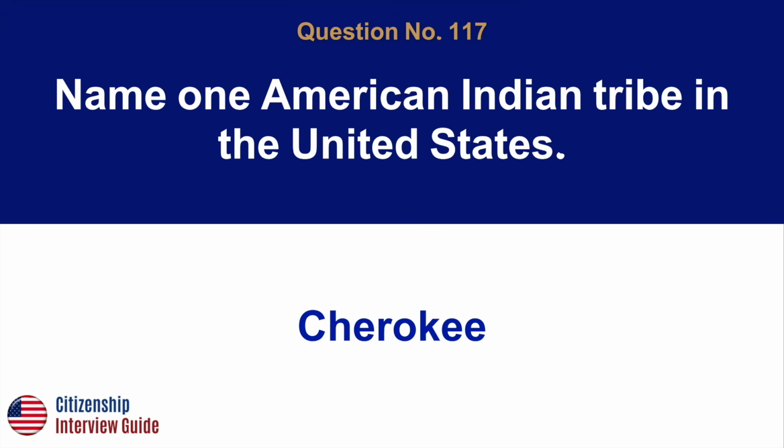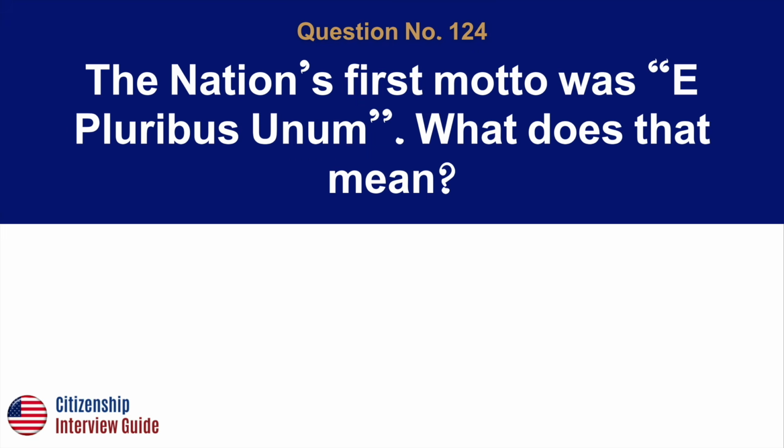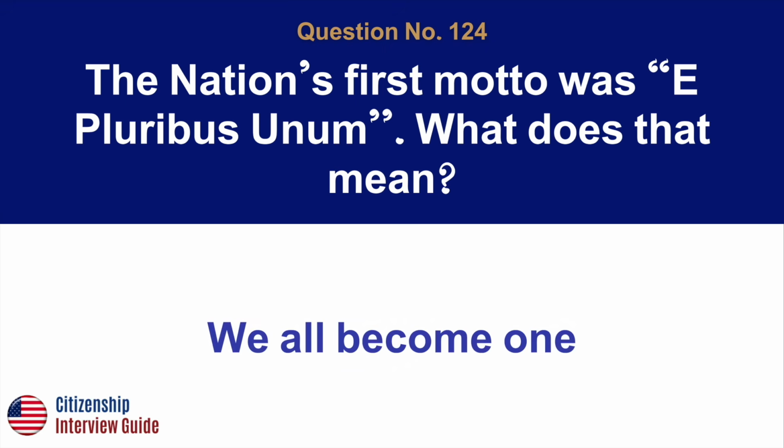Cherokee. The nation's first motto was E pluribus unum. What does that mean? We all become one.